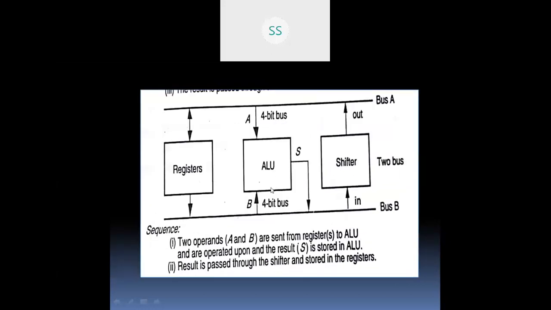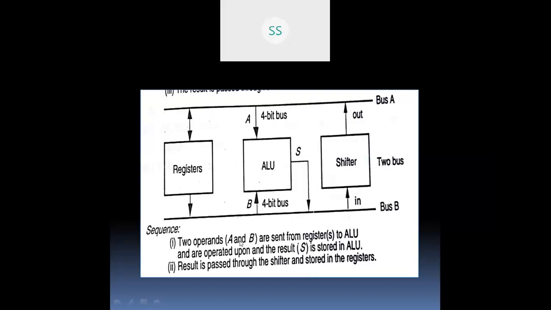Then in the two bus architecture, you can observe there are two buses, bus A and bus B. Here also we have the same blocks: registers, ALU and shifter. The only difference is that the number of buses is 2.